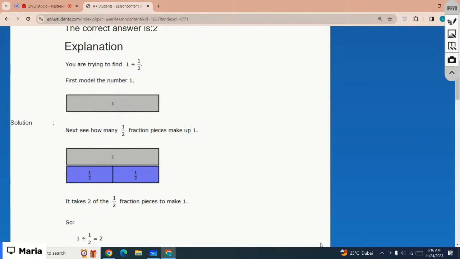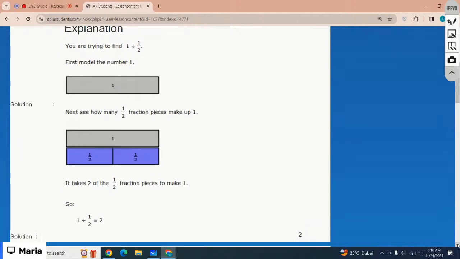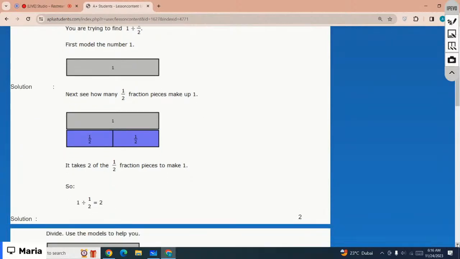You can see the model, this is 1 and 2 halves make exactly 1, right? So that means 1 divided by 1 over 2 equals 2, right? Because it takes 2 halves to make 1. So 1 divided by 1 by 2 equals 2.